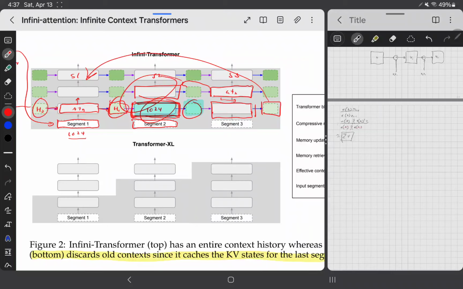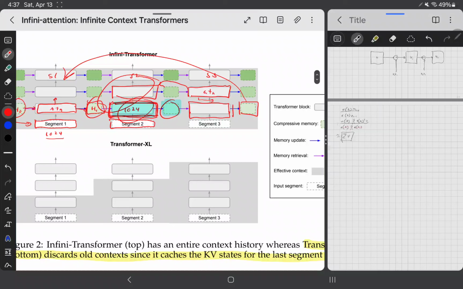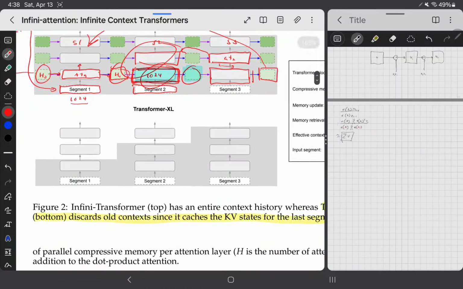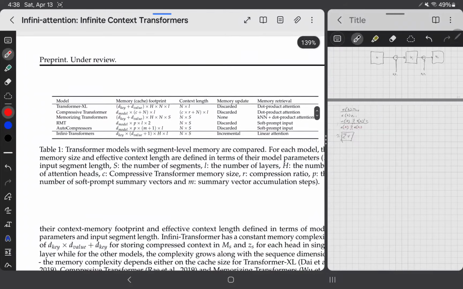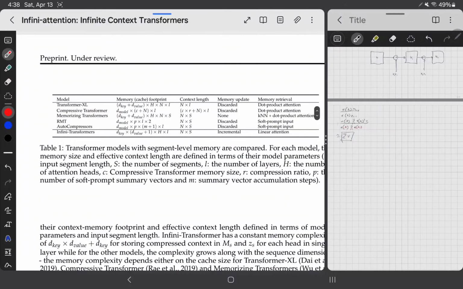So this allows you to extrapolate to arbitrary long context, because of this mix of local attention and this global context RNN. And they show pretty good results on the tasks that they have.